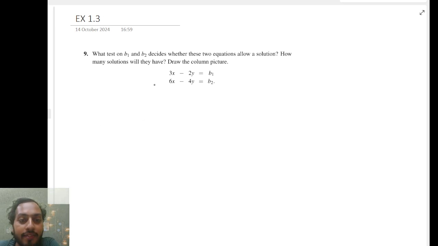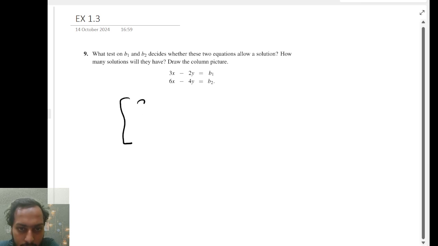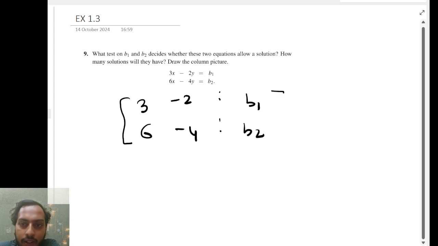In the last question they're asking for what test on b1 and b2 decides whether the two equations allow a solution. Okay, can you help me write down the system, the coefficient matrix 3, 6, minus 2, minus 4, and this is b1, b2, right?